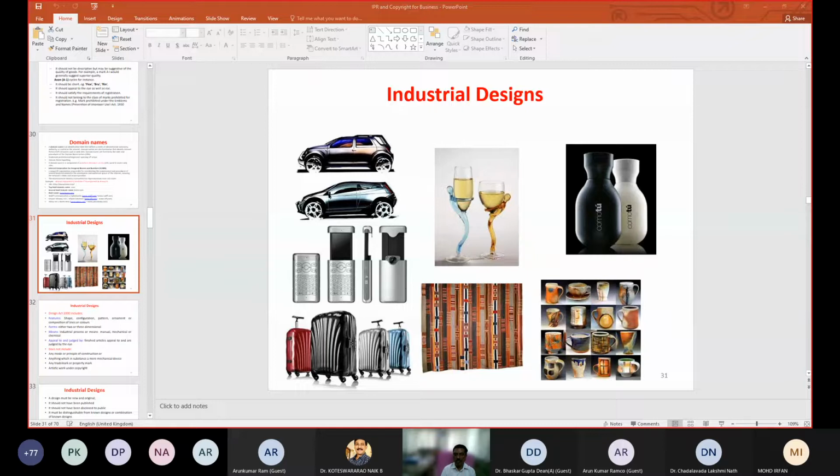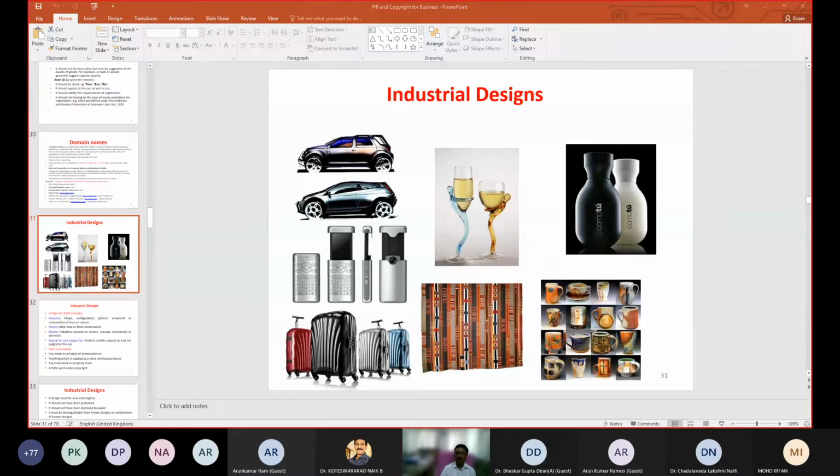The industrial design owner should have the right to prevent third parties, without the owner's consent, from making, selling or importing these design products. That we have also incorporated in our law.